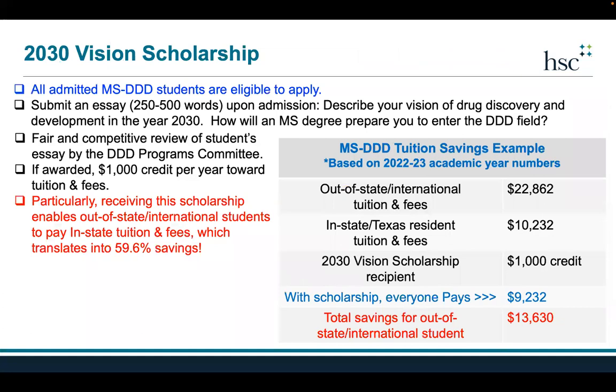So this 2030 Vision Scholarship is available to all admitted MS students to apply. Interested students need to submit a short essay upon admission about your vision of the drug discovery and development field in the year 2030, and how an MS degree will prepare you to enter the DDT field.